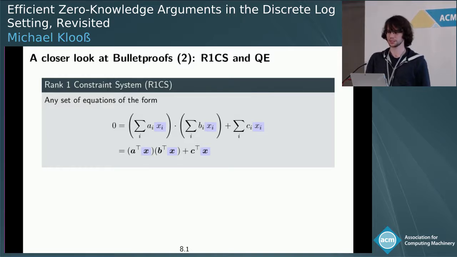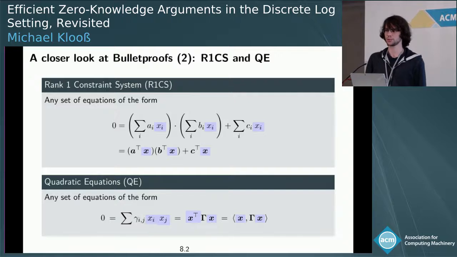And this is basically the small sister of the larger language of quadratic equations, which are just quadratic equations. So you have constant terms gamma ij and all quadratic terms, xi, xj. And you can rewrite this in this inner product expression. So there is already some connection with inner products visible.